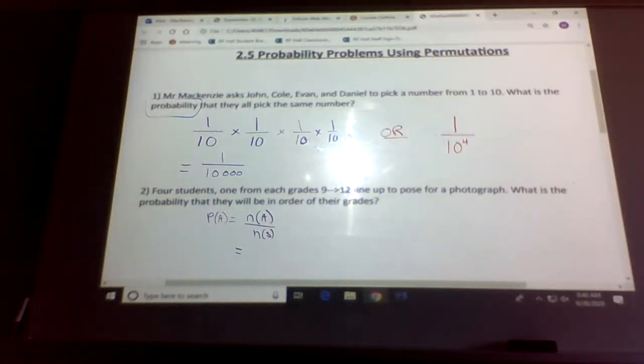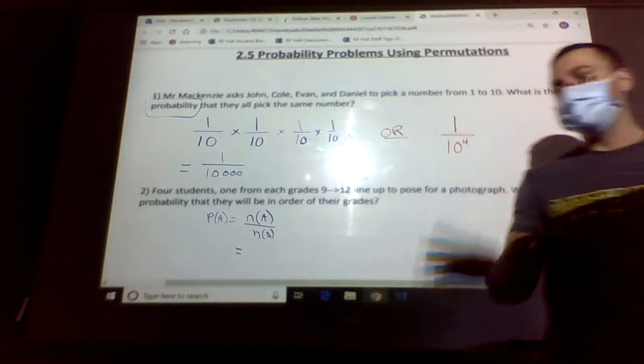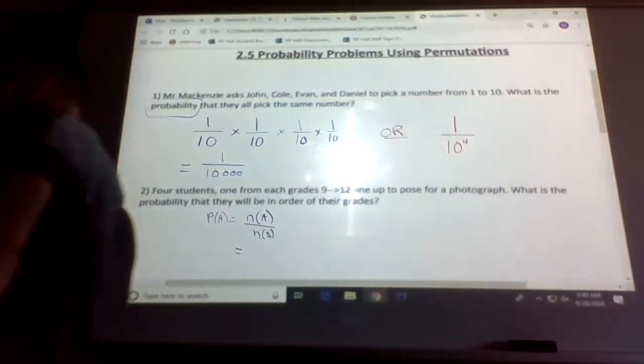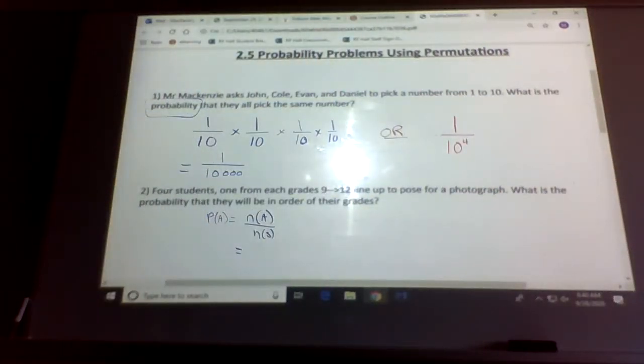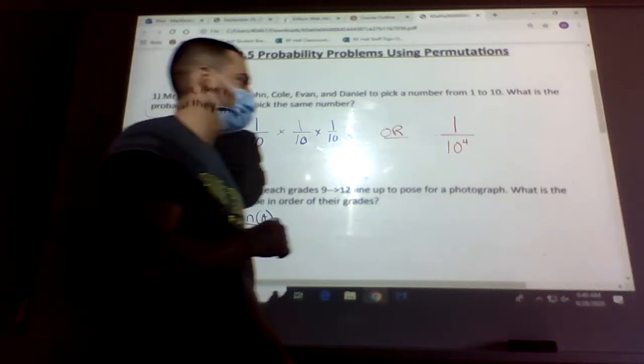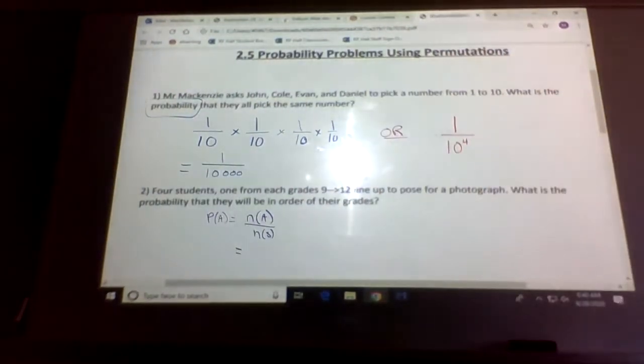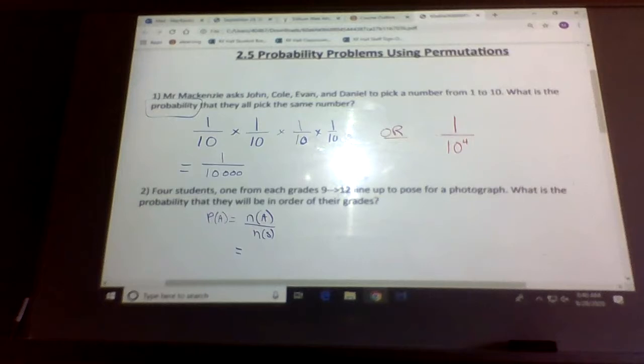Okay, so I grab a student from each of the grades, 9, 10, 11, 12, and I want to put them in order. How many ways can they be in order of their grades from 9 through 12? It's not a trick question. How many ways can they be in order?